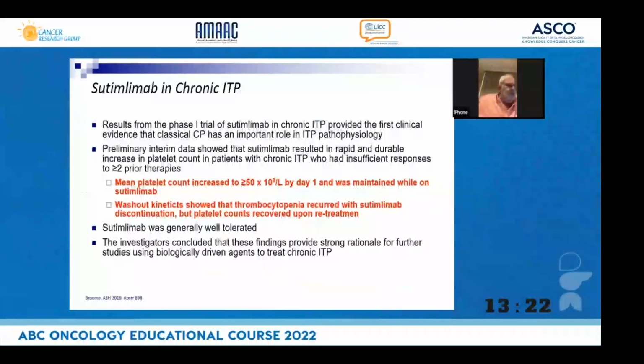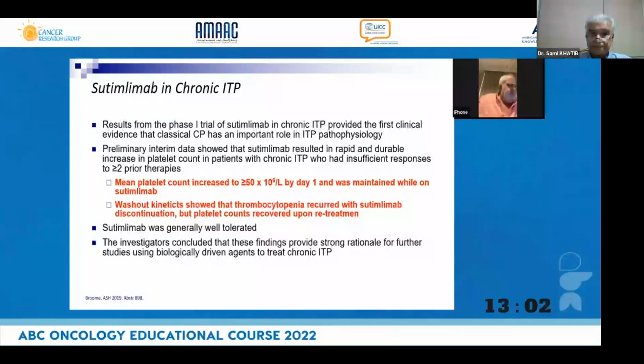The washout kinetics, which is the second phase of the trial, showed that thrombocytopenia recurred with the discontinuation of the drug, but platelet count recovered upon reinstitution, retreatment. Based on these results, the investigators concluded that these findings provide a strong rationale for further study using biologically driven agents to treat chronic ITP. Next slide, please.